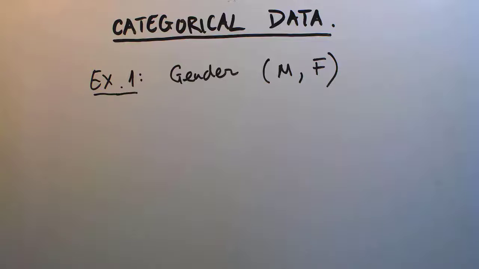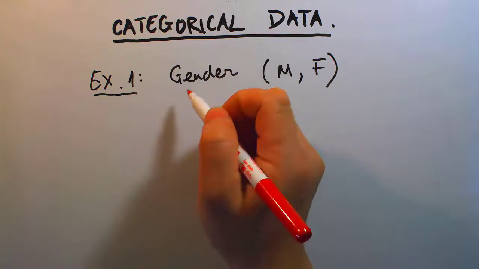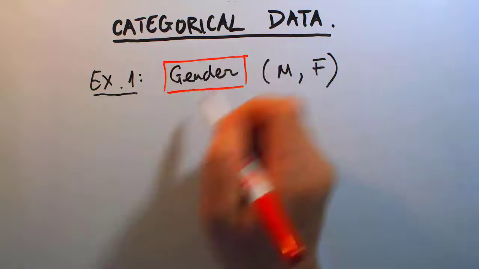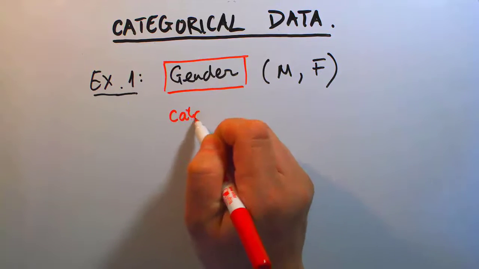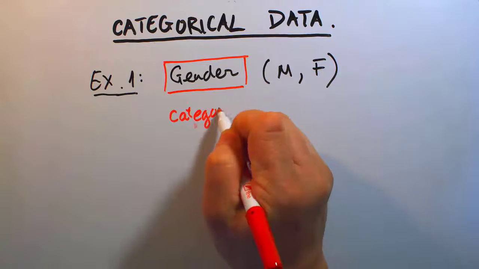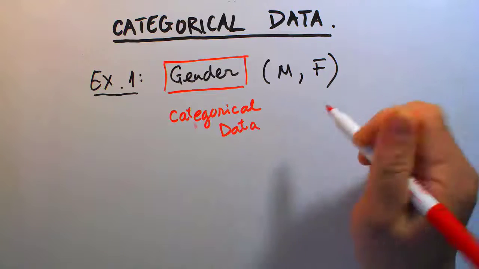So for the people who are collecting the information about gender from a job application, they see gender as categorical data. So gender here is the categorical data.